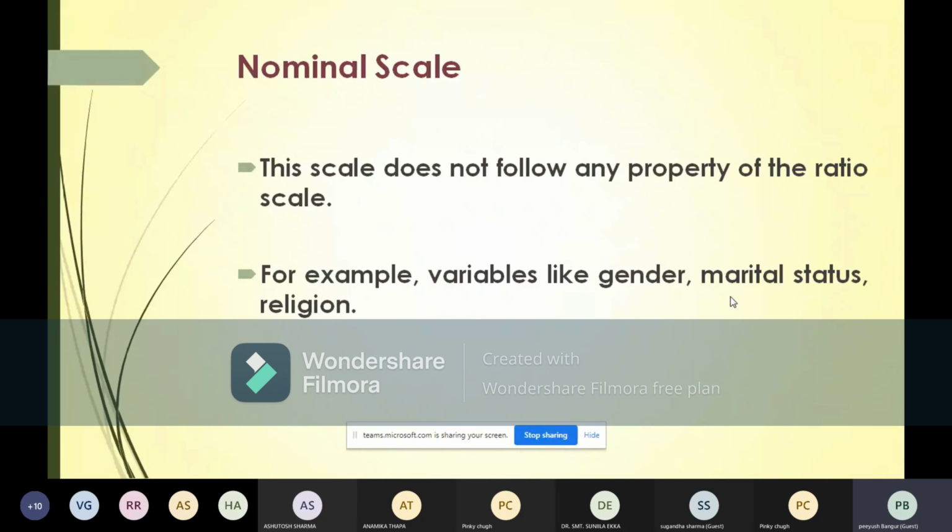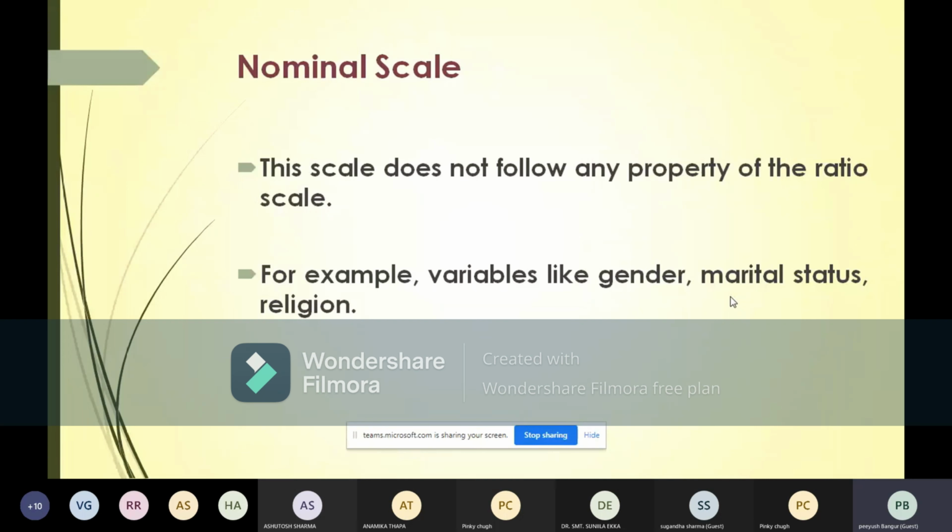So the nominal scale accepts only binary numbers: 0 1 0 1 0 1. In some research there are 0 1 2 3 4, but in most research it is the binary number 0 1. Like marital status, what does the researcher code? 1 for married and 0 for unmarried, or 0 for unmarried.